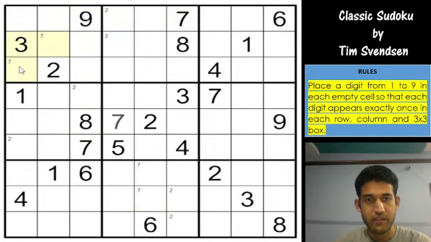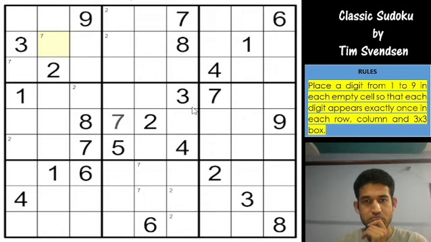So that gives 7 in one of these two cells. And I don't think I can mark 7s into two cells in any of the boxes. So for example, if you take this box, all these 4 cells can take a 7, and if you look at this box, again 4 cells can take a 7. So we'll look at some other digit.